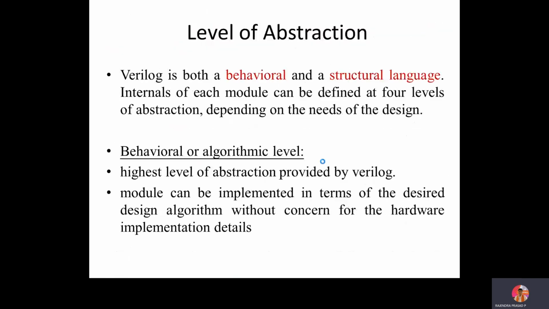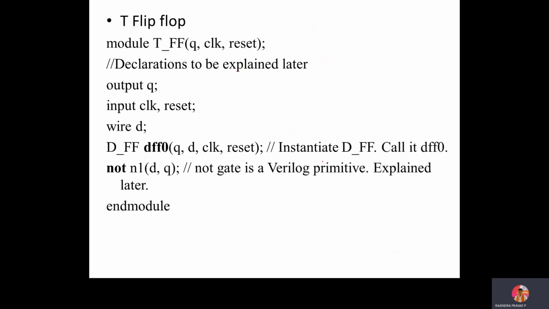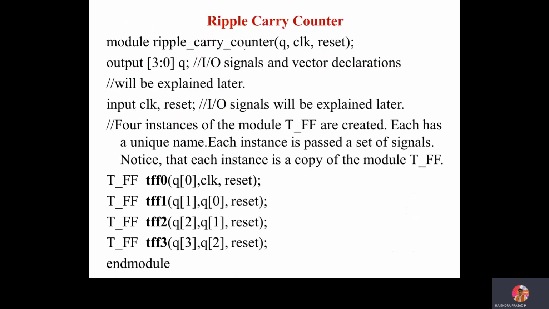So this is how I am going to write a program for the ripple carry counter. TFF0, Q of 0, clock, reset. TFF1, Q of 1, Q of 0, reset. So here Q of 0, Q of 1, Q of 2, Q of 3 are all outputs, and clock, reset, Q of 0 reset, Q of 1 reset, Q of 2 reset are all inputs.